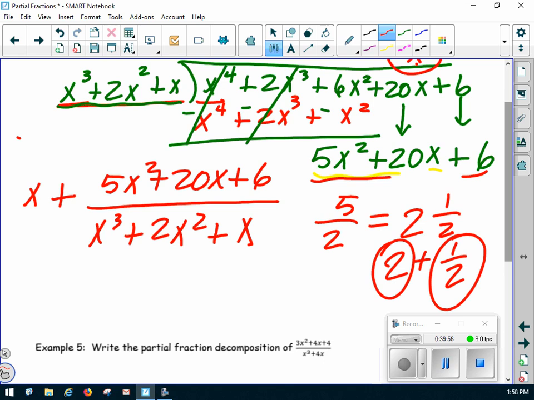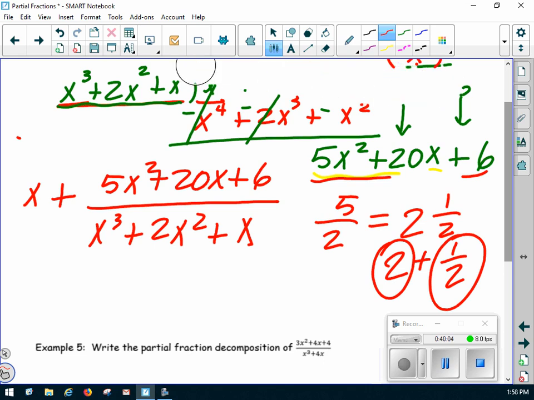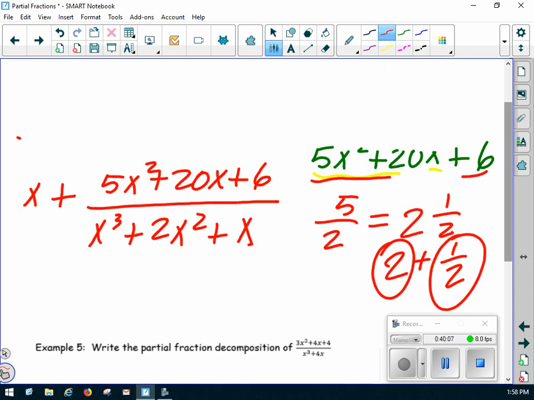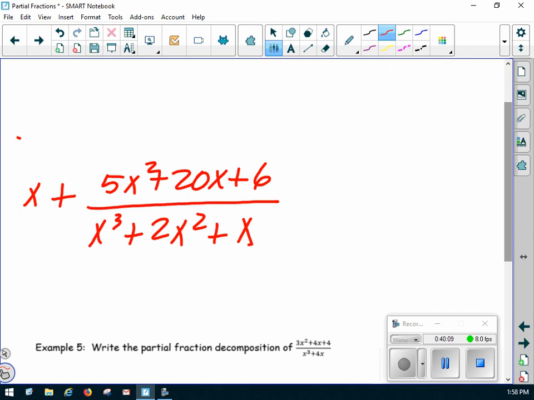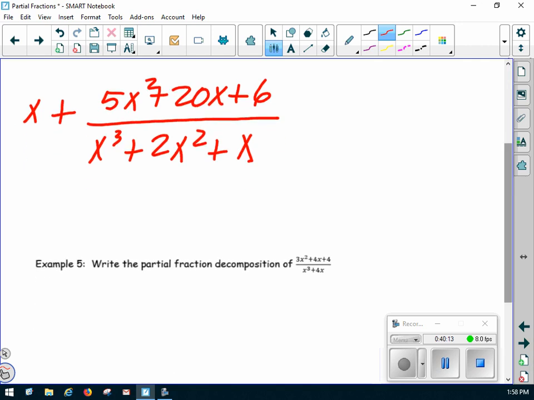It would be x squared. It would start with an x squared. All right. Now, what in the world do we have now? It looks like the numerator is the denominator.